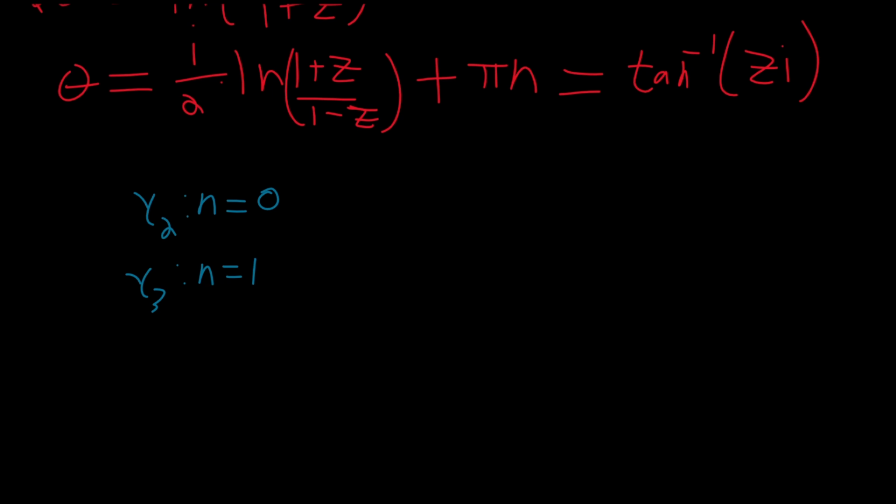Because after all, we're just adding 2 pi I, essentially. And it's going to be sort of equivalent, at least. So what we have for gamma 2 is then I over 2 natural log of 1 plus z over 1 minus z.